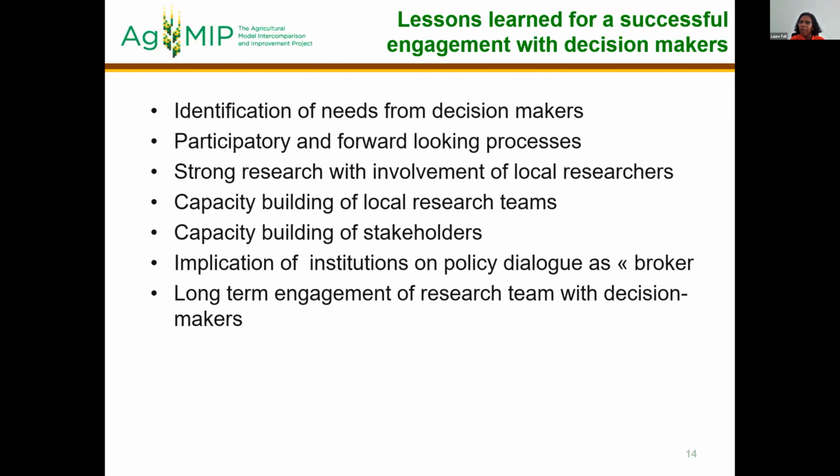We cannot do everything on a 2 year, 3 year project. And that's what is quite interesting with the AgMIP team, because it is encompassing project time. We are still working together, even though projects are not ongoing, or we are always looking for other funding.